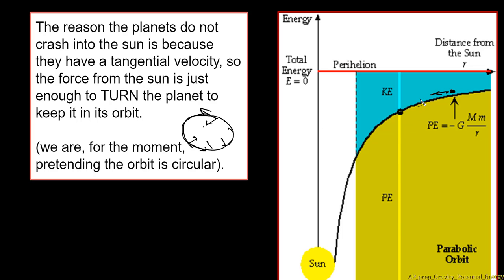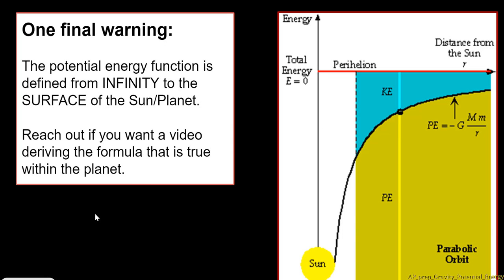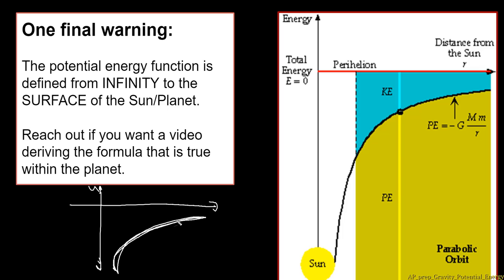Okay, one final warning. Occasionally they will have you pick on the multiple choice the graph that represents the stored energy. And so know that you're in the fourth quadrant. I think I'm going to talk about this more in the next video, that the stored energy should be negative. I'm sorry, the total mechanical energy should be negative, but the stored energy is definitely negative. But the function that we have defined, the main point of this video, this new function, is only defined up to the surface.